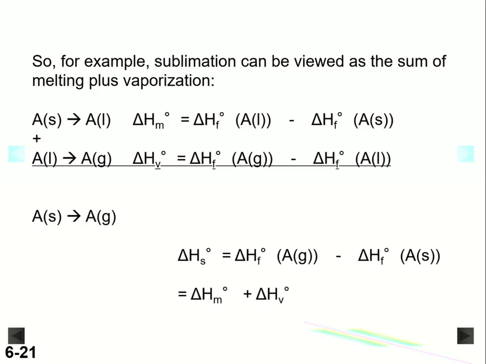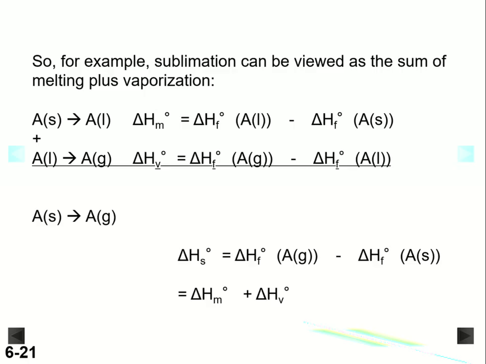Here's an example, and we'll do more complex versions of Hess's law calculations in our mechanics lecture. We can go back to our melting, vaporization, and sublimation processes. And so the first line here is A(s) going to A(l). That is the melting or fusion process, right?